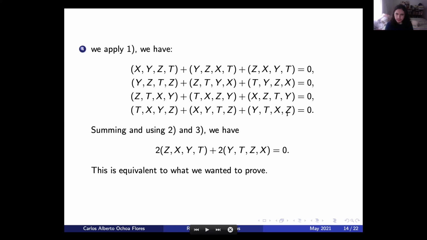Y t zeta x. Yeah, because this term should be the negative of this term, right?